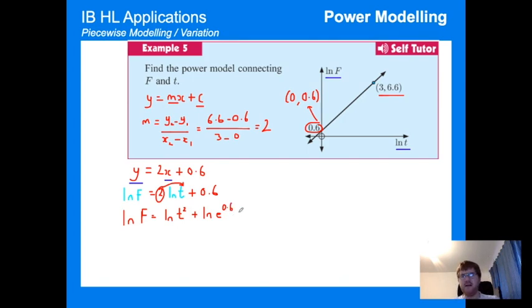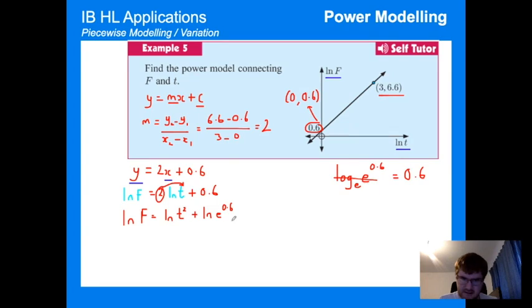Why is that the case? Remember, ln is the same as log to the base e, so if I write e to the 0.6, these all cancel and I get 0.6. So I'm unsimplifying 0.6 to give myself ln e to the power of 0.6.